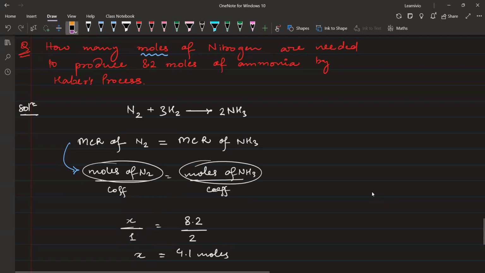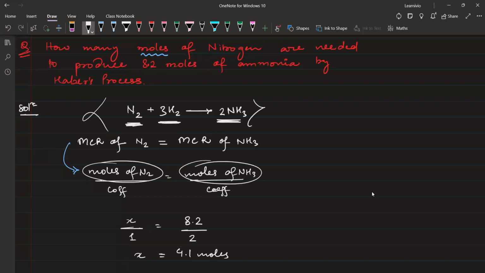Okay, now let us read the reaction. I will read the reaction, you have to repeat. 1 mole of nitrogen reacts with 3 moles of hydrogen to give 2 moles of ammonia.